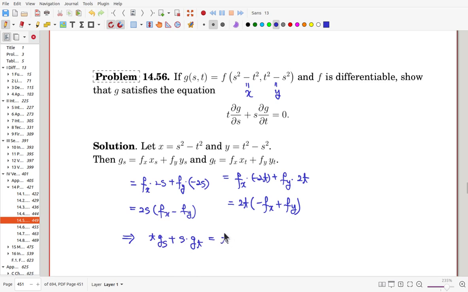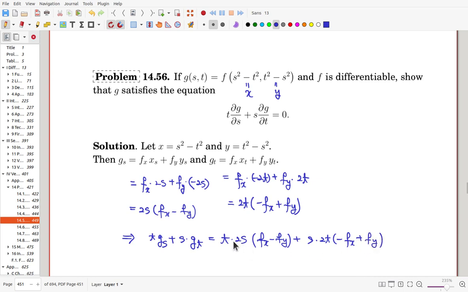T times G sub s is 2st times f sub x minus f sub y, and s times G sub t is 2st times minus f sub x plus f sub y.